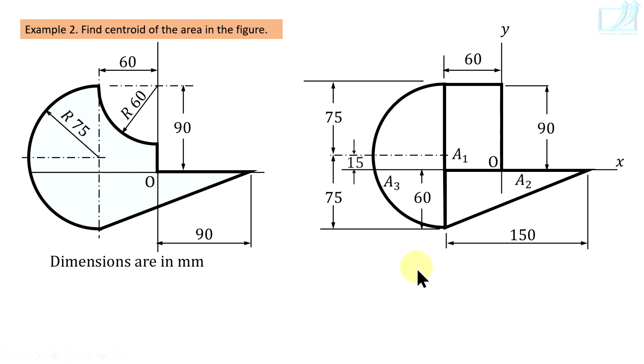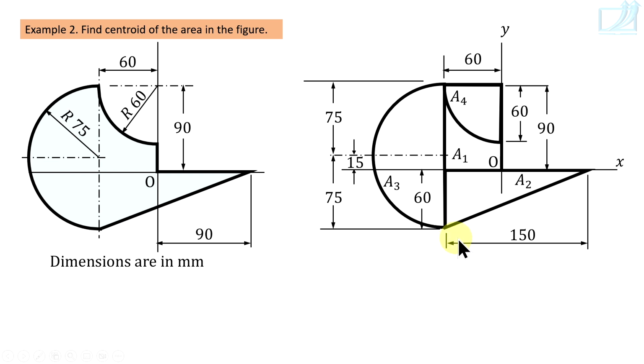And finally, the removed area, the quarter circular area. Insert the radius of the quarter circle along its straight edges. So this is radius 60 of the quarter circle. This is how we have shown all the 4 areas with corresponding dimensions.